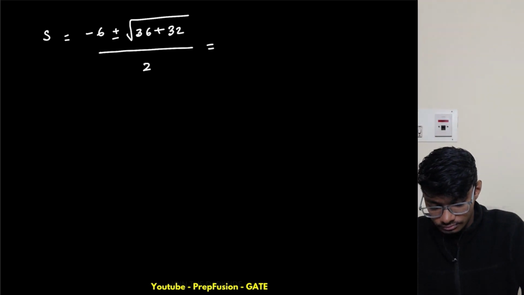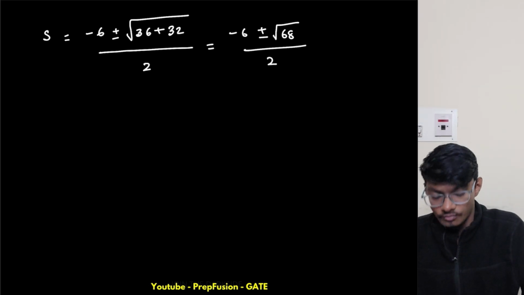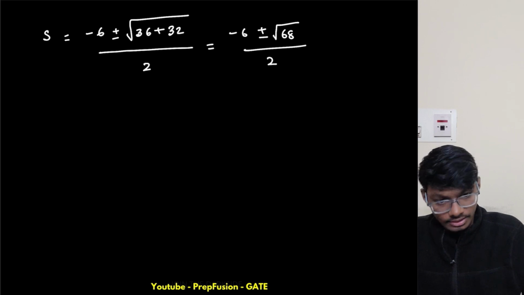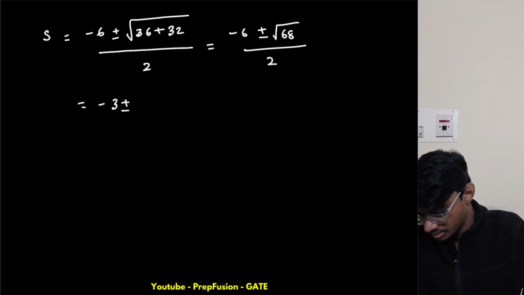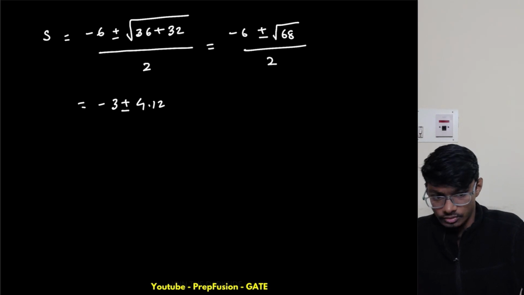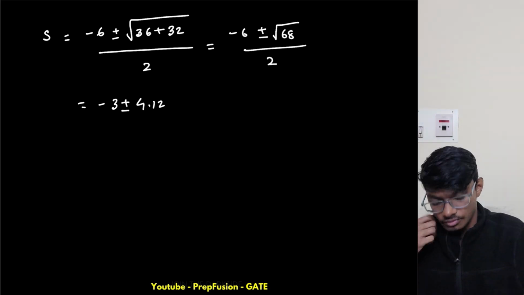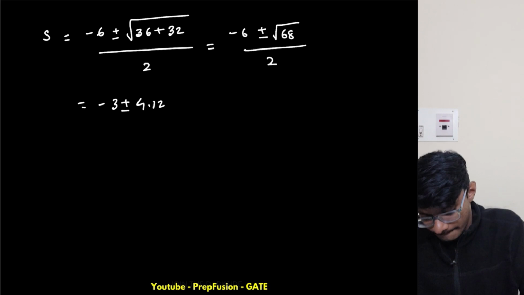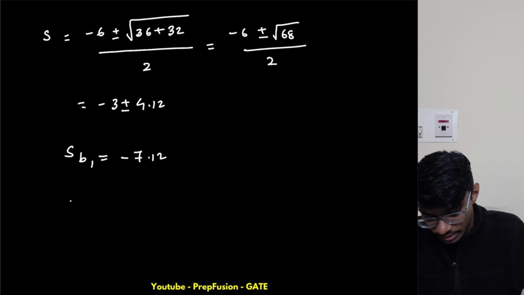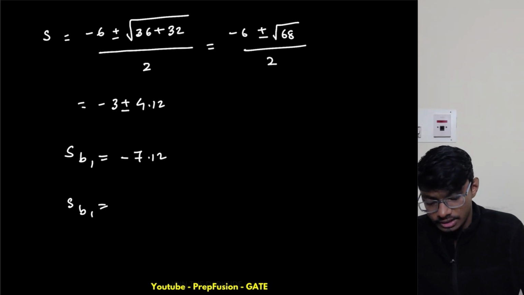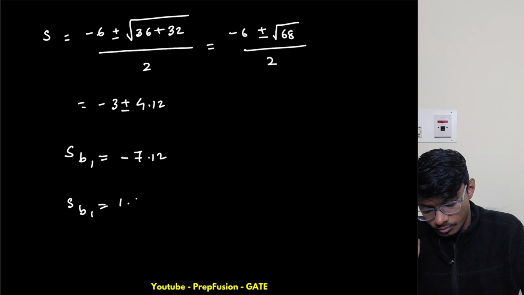Then minus 6 plus minus root 68 by 2. So this under root 68 will be something like plus minus 4.12. So now I will get 2 points. One will be something like minus 7.12, and another one will be something like plus 1.12.